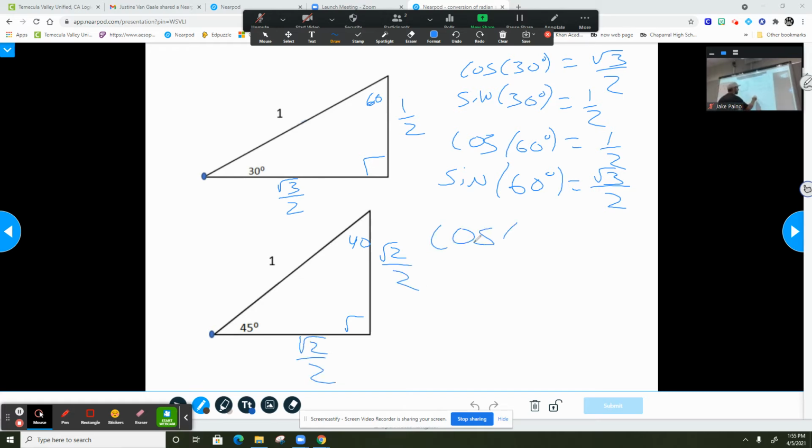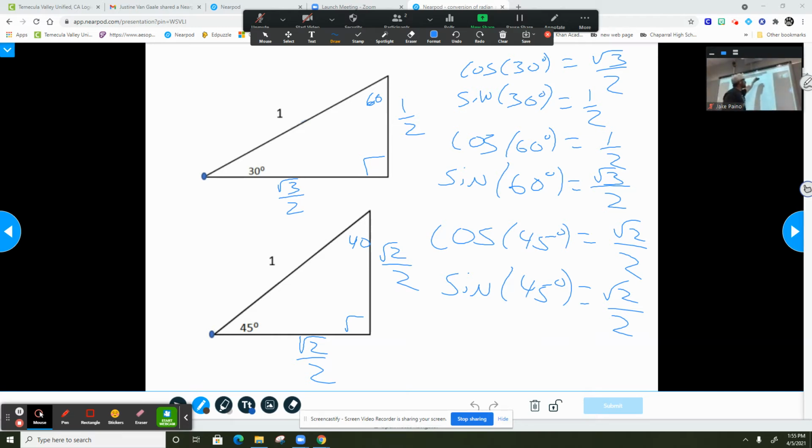So cosine of 45 degrees, adjacent over hypotenuse is rad 2 over 2, and sine of 45 degrees is also rad 2 over 2.